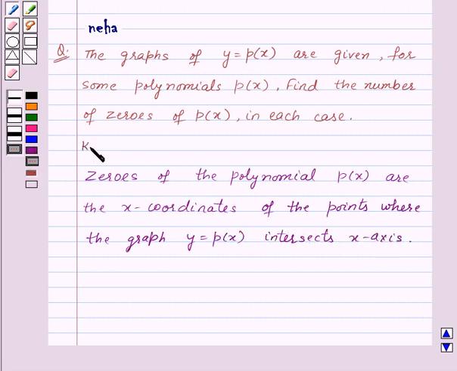This is the key idea for this question. Now let's see its solution.